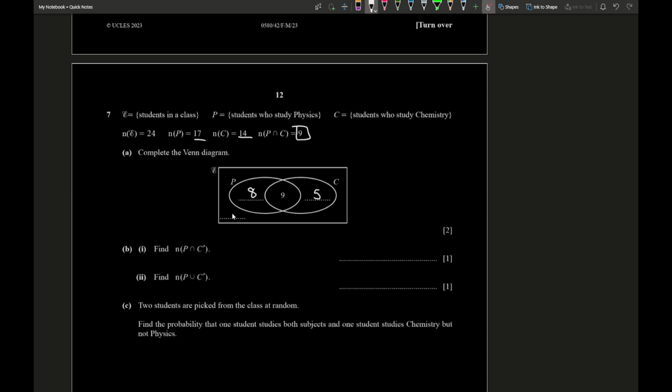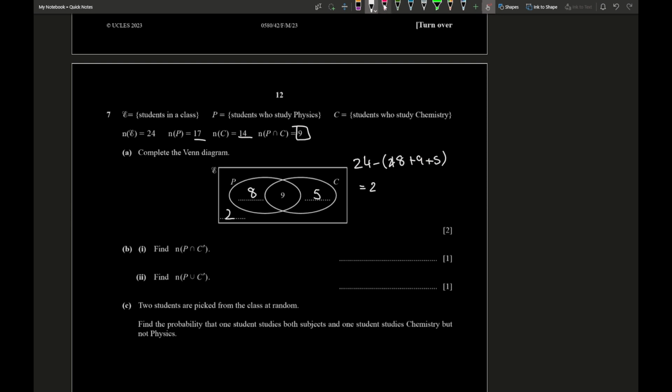What about the students who do not study physics nor chemistry? Well, we can calculate that by doing 24 minus 8 plus 9 plus 5, which is equal to 2. Now for part B I, find n of P intersection C dash.